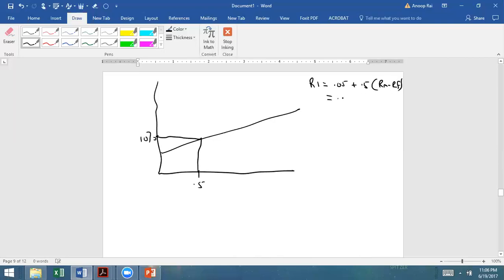So that's equal to 0.05 plus 0.5 times 10%, which is half of that, so 0.10. So if we can get 10% from IBM, which has a beta of 0.5, we should buy the stock. Let's say currently the price of IBM is $100.